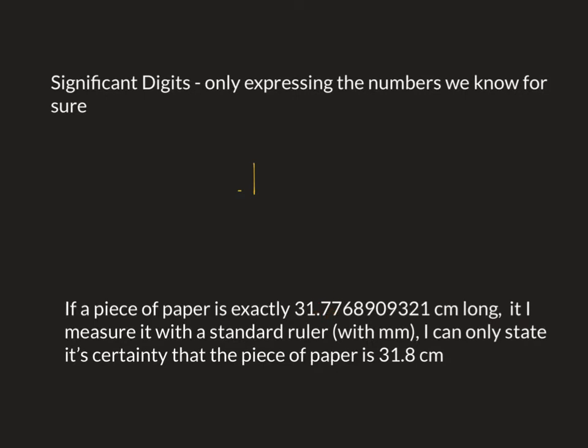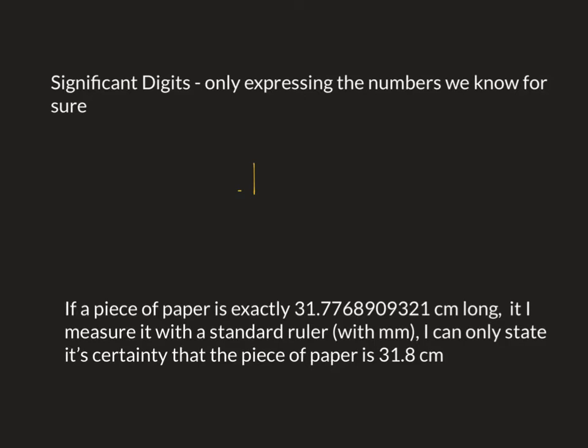So when I pull my ruler up to that piece of paper, I'll go, oh, it's definitely 31 centimeters, but that last digit I'm not 100% sure of. So I'm going to say it's close to 0.8, because 0.77 is closer to 0.8 than 0.7. So the only thing I can really say with certainty is that the paper is about 31.8 centimeters long.